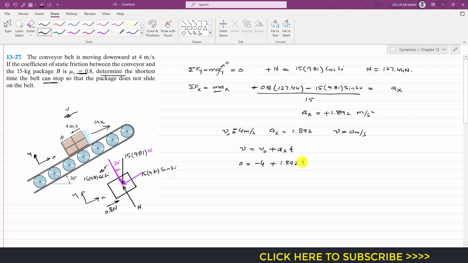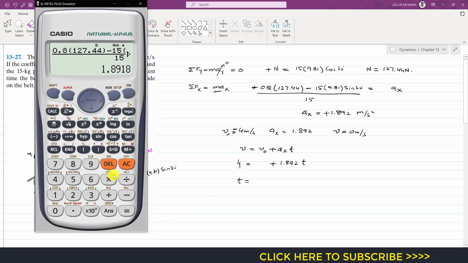1.892 T. If I bring this 4 to the other side of the equation, it will become positive. So T will be equal to 4 divided by the acceleration, 4 divided by 1.892.